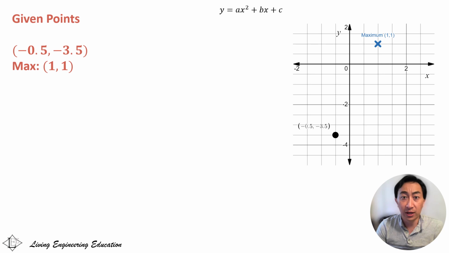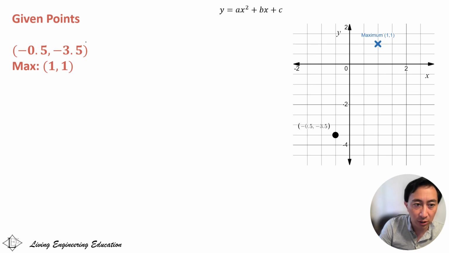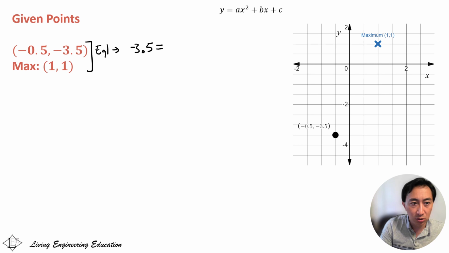Okay, so hopefully you had a chance to work through this on your own. I'm going to set up equations 1 and 2 first, and then use the derivative method to set up equation 3. So equation 1 gives me negative 3/2 is equal to a times (1/2) squared, or a over 4, plus b times negative 1/2, which is negative b over 2, plus c.